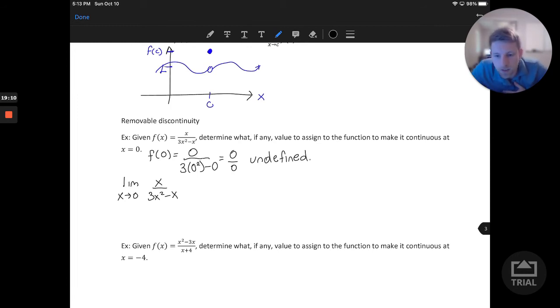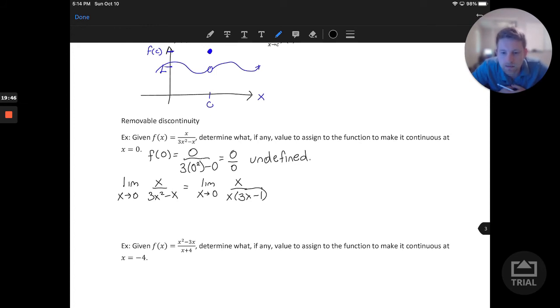And here we're actually going to introduce an algebraic technique through factoring. So if I wanted to take this limit algebraically, as I have it set up here, one technique we could take is to consider factoring the function that we already have. So this would be x in the numerator, and then we could pull out a common x in the denominator, making it 3x minus 1. So we do have a factored form here.